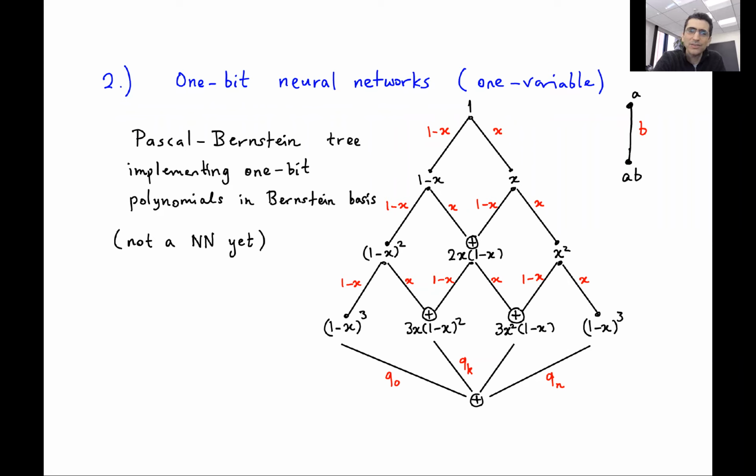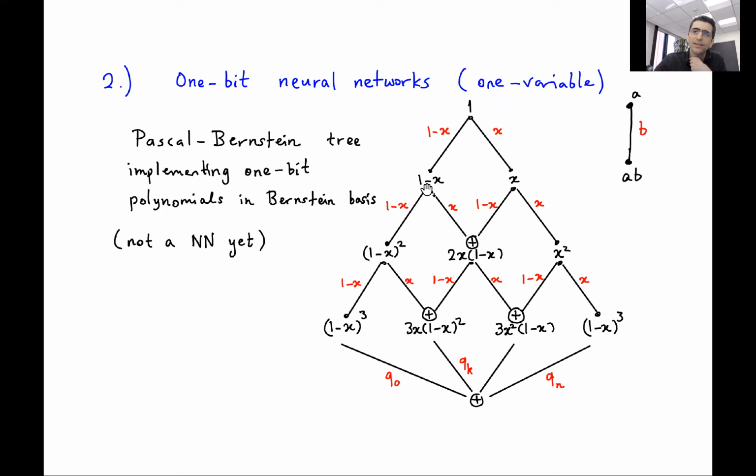The usual Pascal triangle has a version for the Bernstein polynomials. So what do we do here? We start with 1. Think of it as the constant function 1. Each branch here has a coefficient multiplying it. So far, it's a variable multiplier. On the left side, we multiply by 1 minus x. On the right side, we multiply by x.